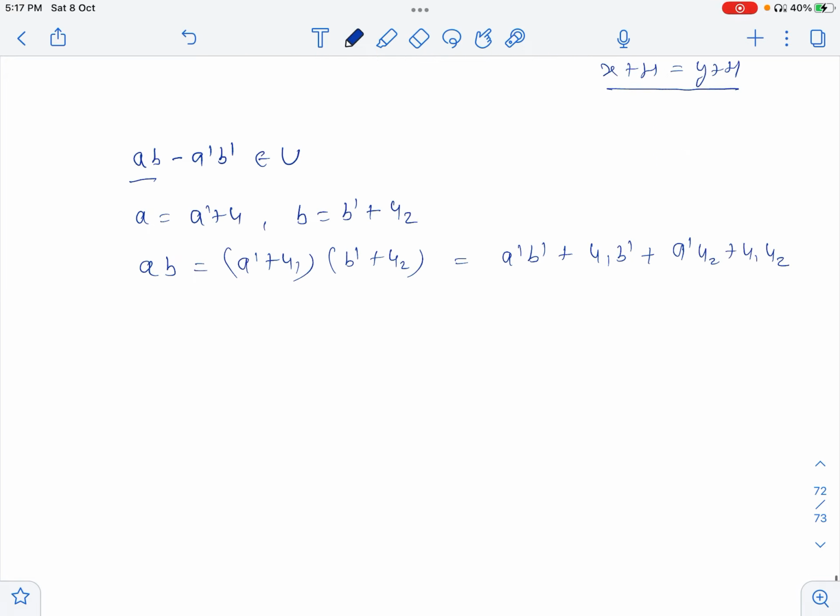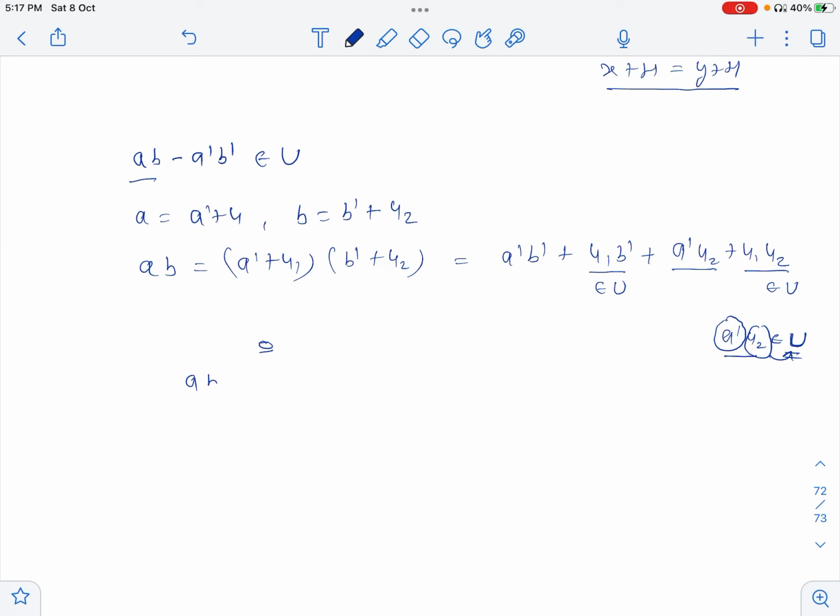Now we know that u1 u2 belongs to capital U, and since U is an ideal, a dash multiplied by u2 will belong to capital U, because a dash is an element of a ring and u2 is an element of this ideal, so their product will belong to the ideal, and this also will belong to the ideal.